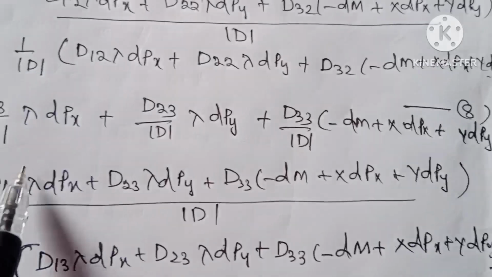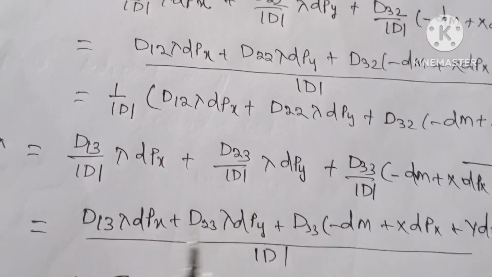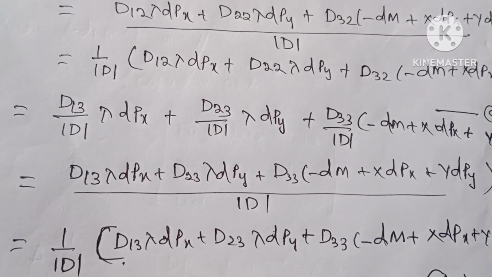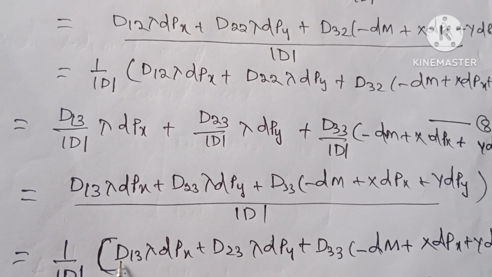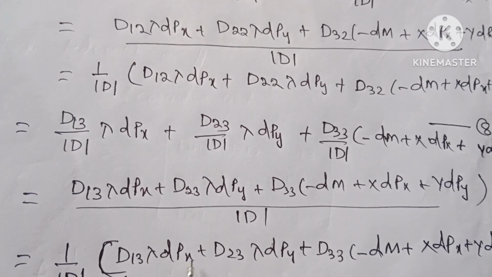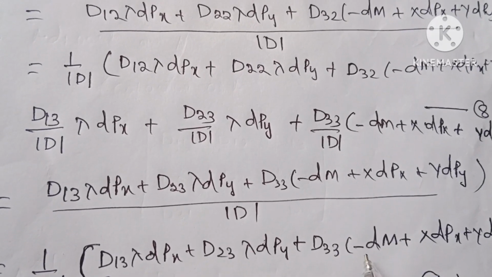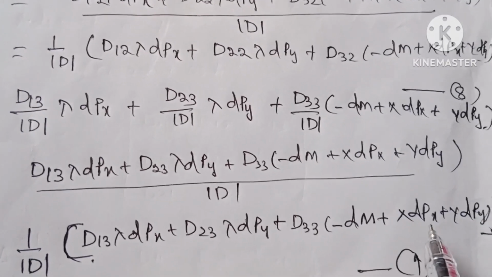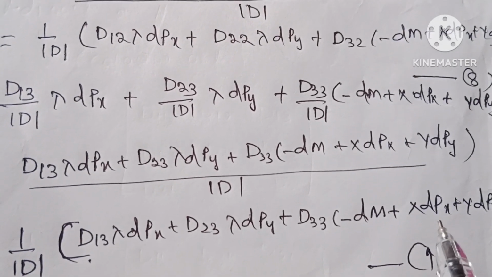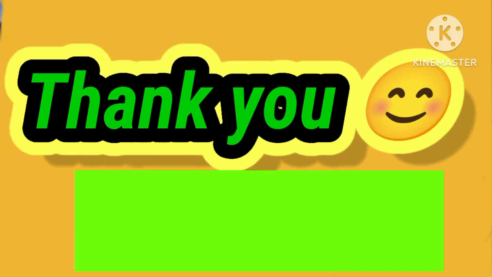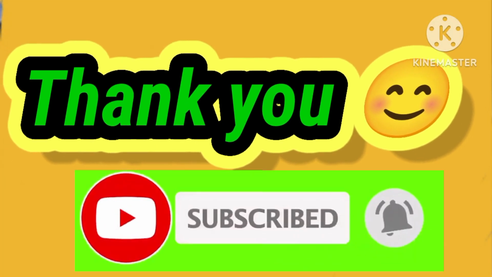Taking 1 by the value of the determinant as common, this becomes d13 lambda dpx plus d23 lambda dpy plus d33 times minus dm plus x dpx plus y dpy, and this becomes your equation number 9. The rest of the derivation of the Slutsky equation we'll discuss in the next video.